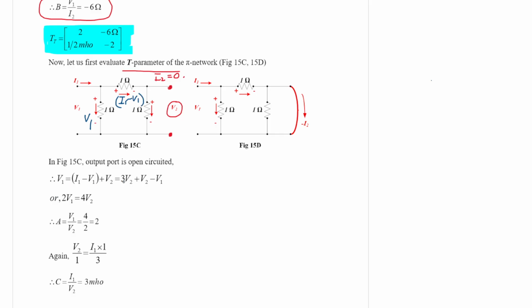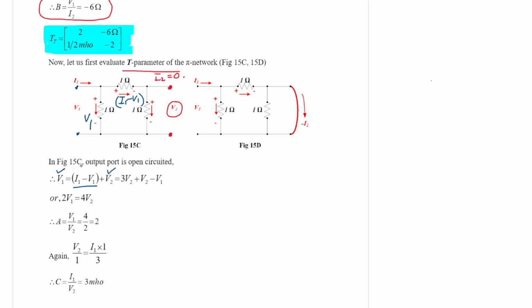So we write the KVL equation. The input voltage is V1. The current flowing through the 1 ohm resistance is I1 minus V1, so the drop will be I1 minus V1 into 1.